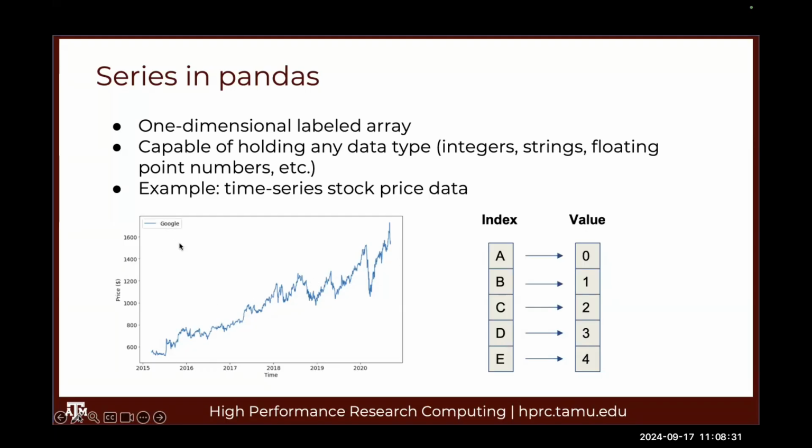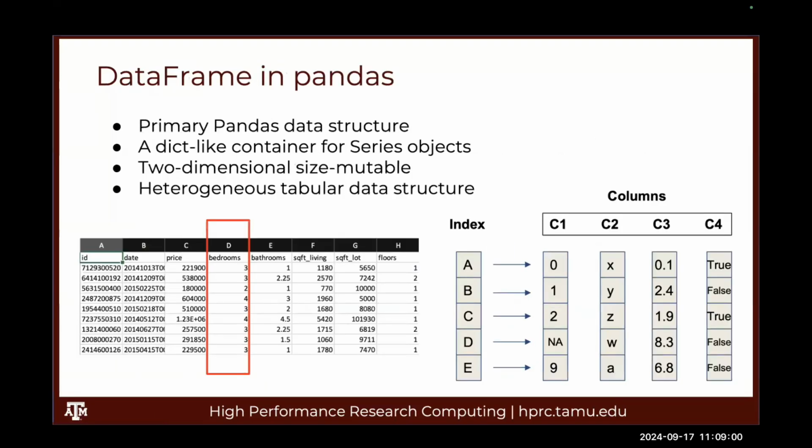For example, we have the stock price data for Google for the past few years. We can use the date as the index, and then the price as the value. So we can retrieve the stock price on a certain day. So this is one example of the application of series in pandas.